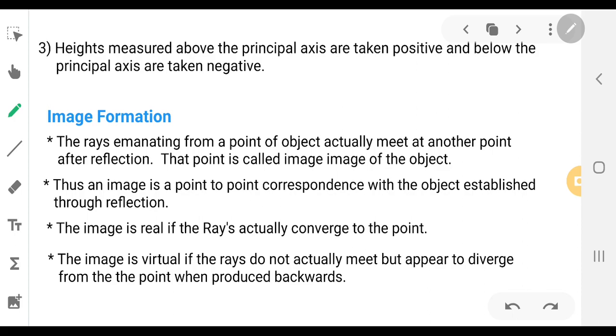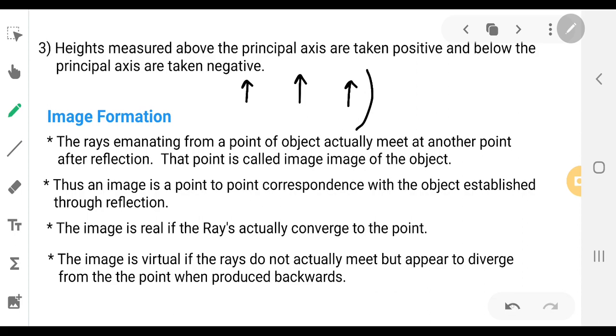If you take a concave mirror and stand very near to the mirror, your image is going to be of a different size and broadness. If you stand a little bit away, then again your image is different. If you stand a little bit away, the image formed will be of a different size.